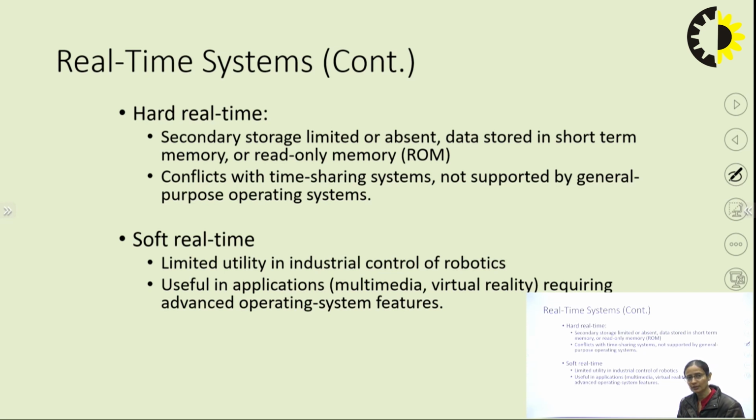We have OSes specifically designed for this purpose. For example, nuclear reactor systems, where there is a coolant and a system monitoring the cooling of that particular nuclear reactor; the deadline is very important in this case.